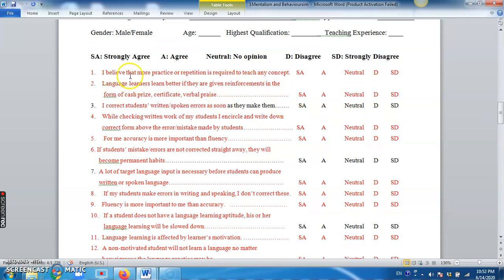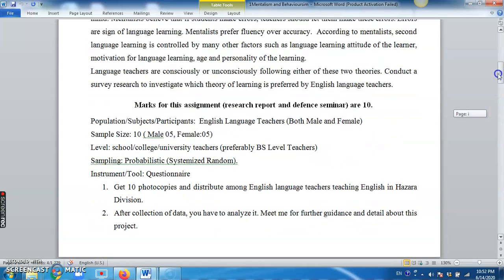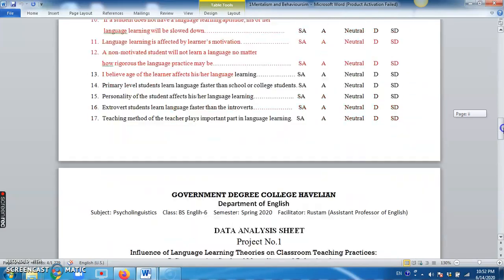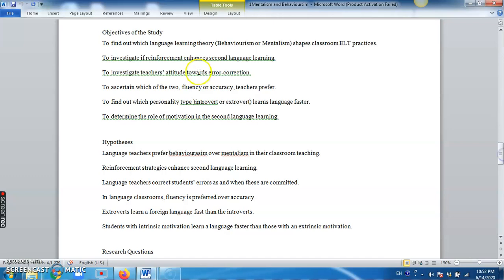This is your questionnaire, and let me again take you to your objectives. This one: to ascertain which of the two, fluency or accuracy, teachers prefer. Fluency is emphasized by mentalists, and accuracy is usually emphasized by behaviorists.